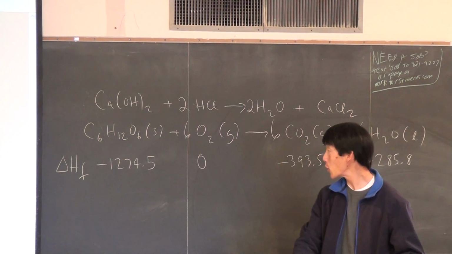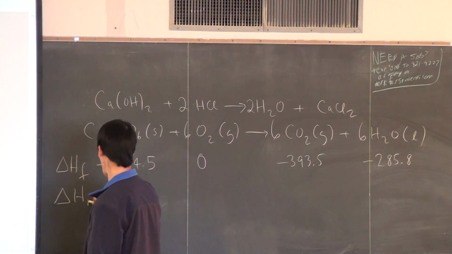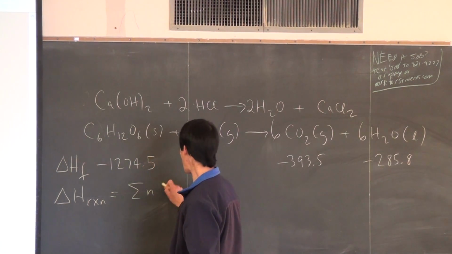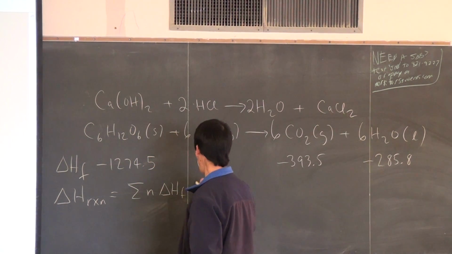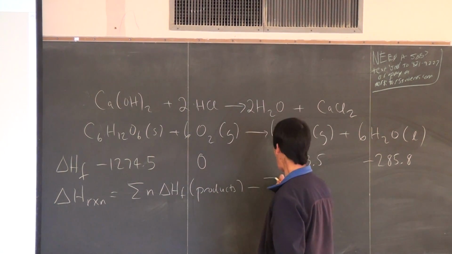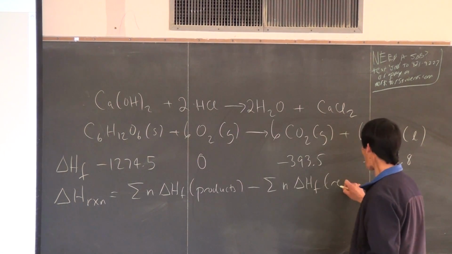To apply Hess's law, delta H is equal to the sum of the heats of formation of the products minus the sum of the heats of formation of the reactants.